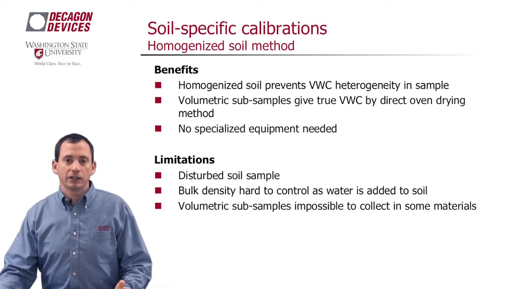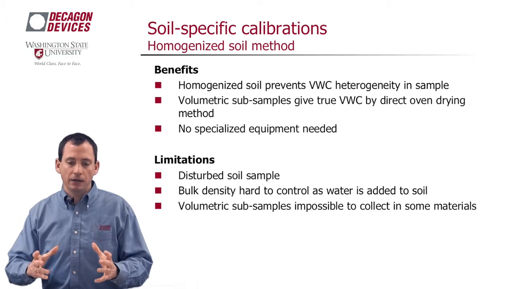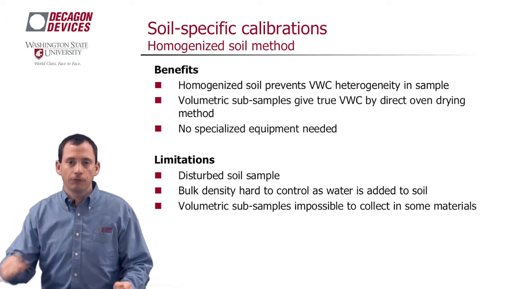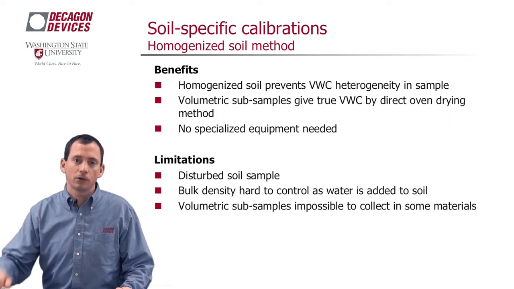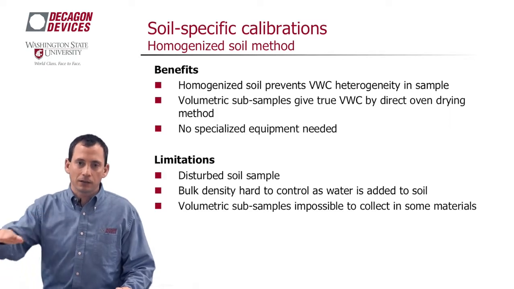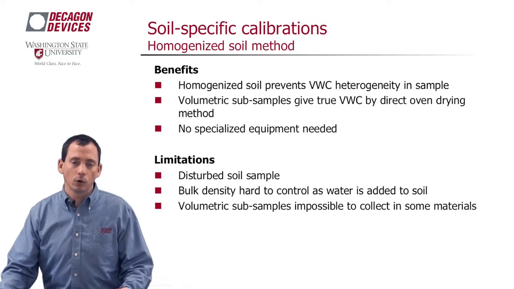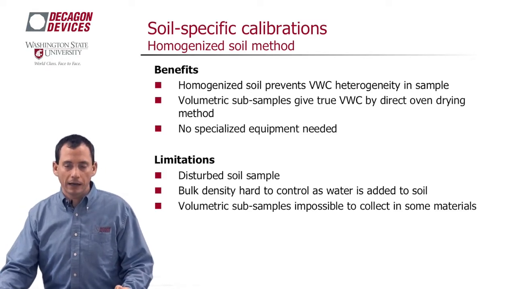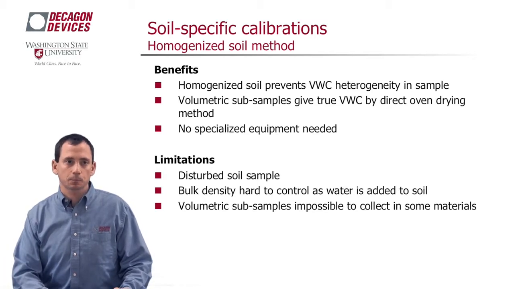If that's the case, then it is possible to do this by taking the mass of the entire container if you precisely know the volume that you filled your soil to. Because you're packing that to the same bulk density each time, if you pack it to the same volume each time and you measure the mass, then from that you can work out the volumetric water content from the whole sample. And we actually do that quite a bit on non-soil materials.